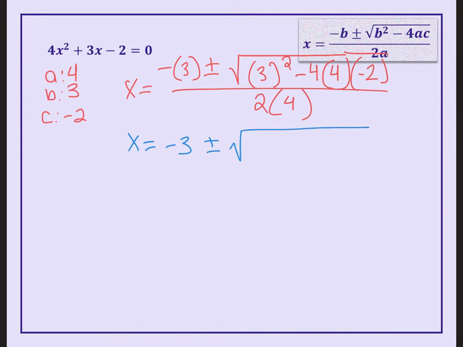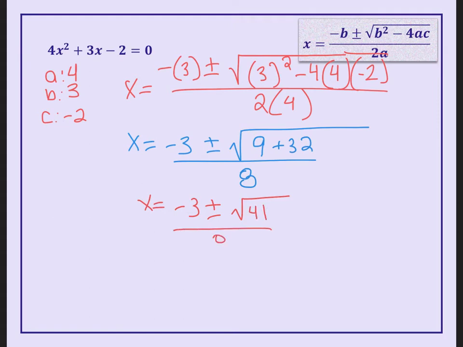Now our discriminant, 3 squared is 9, and this is where the mistakes happen right here. -4 times 4 times -2. So double negatives becomes a positive, and it's a 32, all divided by 8. So let's look at the number underneath the square root, which is our radicand, but it's our discriminant to let us know how many possible solutions. 9 plus 32 is 41.